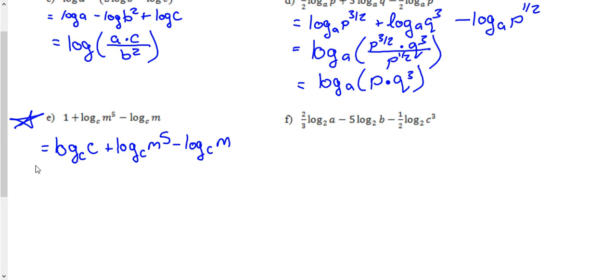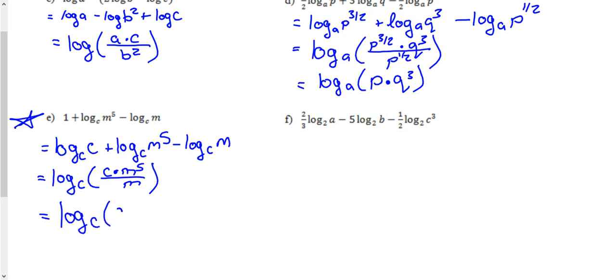Let's combine everything together now. This is log base C of C multiplied by m exponent 5 divided by m. And of course m's would cancel. So you have log base C of C multiplied by m to the exponent 4, because you had 5 and technically 1 there. Subtraction gets you to 4 overall.